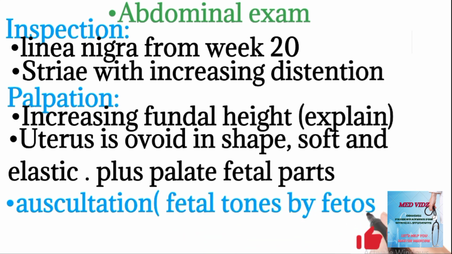And then on auscultation, fetal heart rate can be determined using a fetoscope from around the 18th week onwards, but before that you can even detect it using a Doppler.